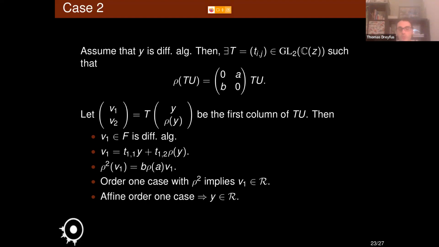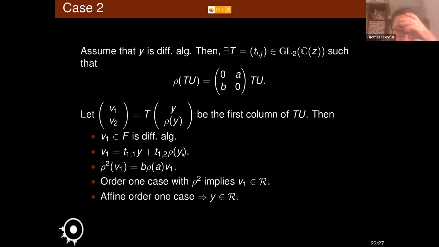It's just you replace h by 2h. So this time I apply the order 1 case to deduce that v1 belongs to R. And if you look at this equation, so y is solution of an affine order 1 equation with an inhomogeneous member that belongs to R.